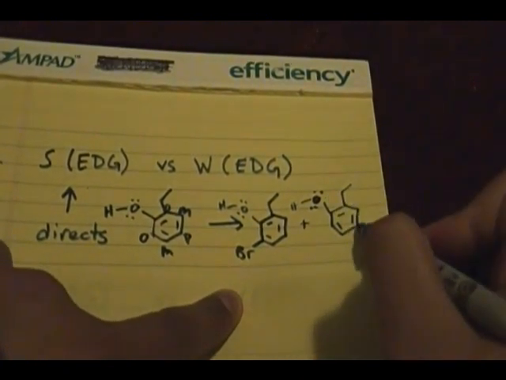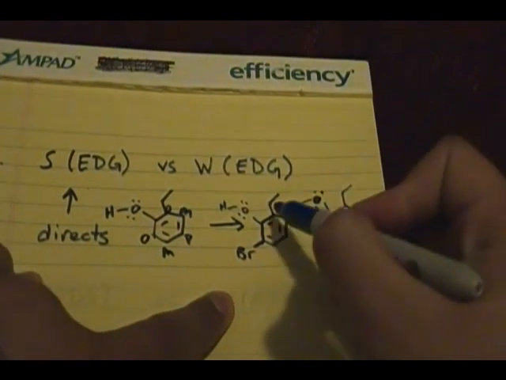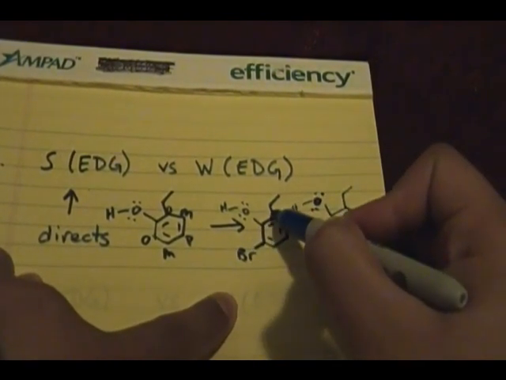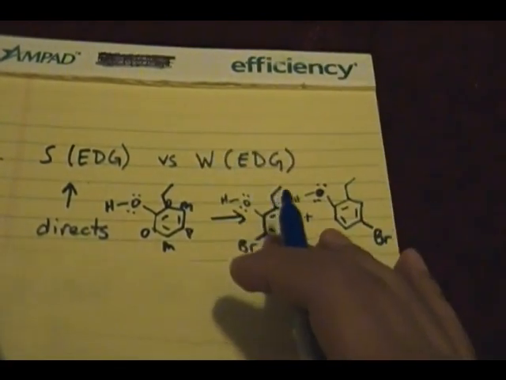Again, para position and ortho position. The other ortho position is already occupied, so you cannot have the bromine attached there. And so that's the first thing.